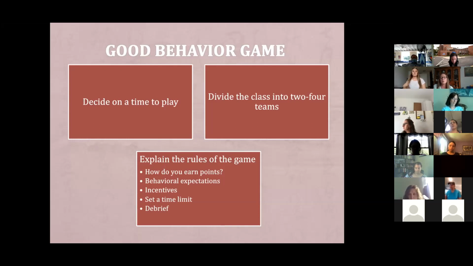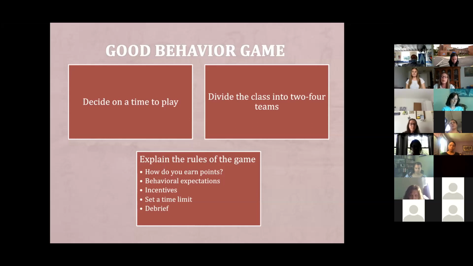Once you do that, you're going to explain the rules. You're either going to verbally tell them, you could write them down, you could visually display them, or you can do all 3, depending on the learners that you have in your class. You're going to include what happens when they follow the rules and what happens when they don't follow the rules.